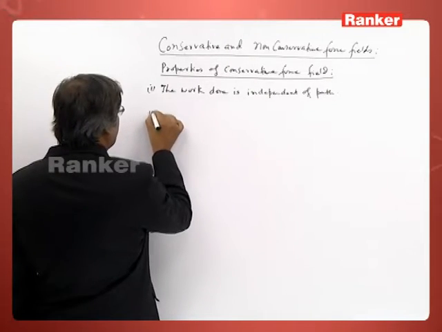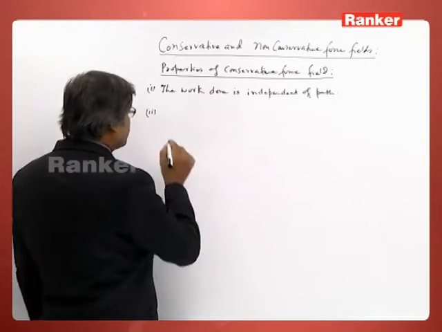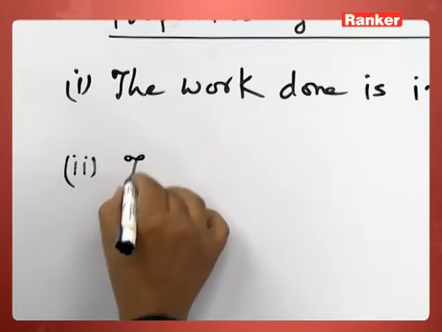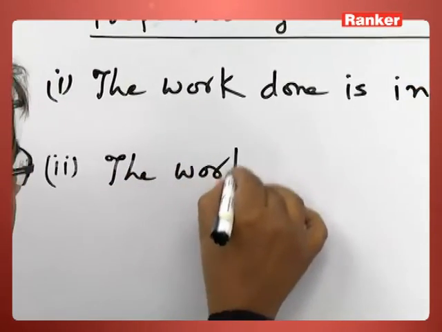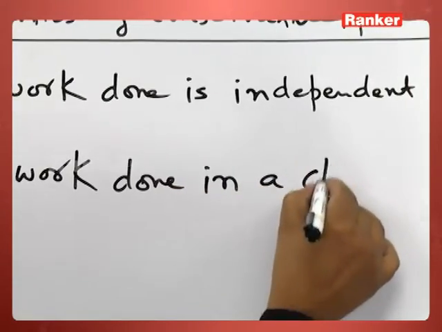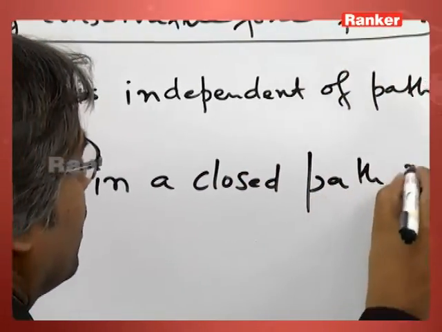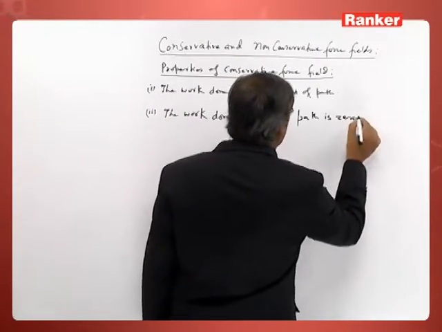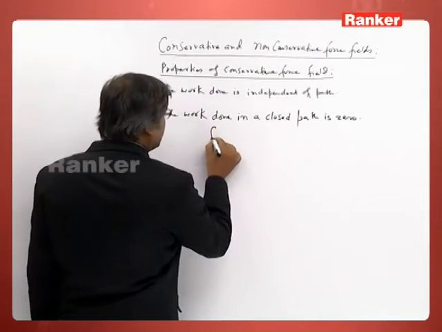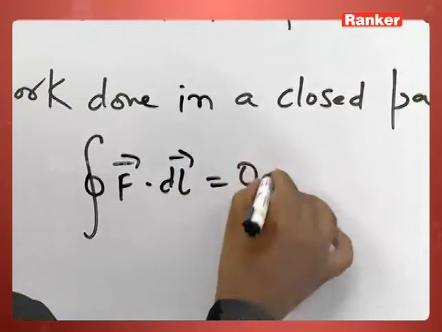So this is the number 1 property. Number 2 property, the work done in a closed path is 0. That is F dot dl along a closed path is 0.